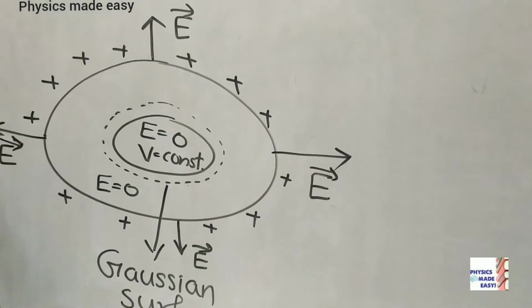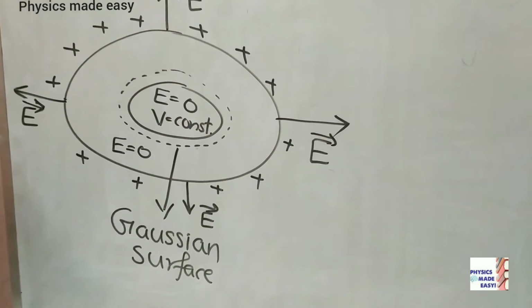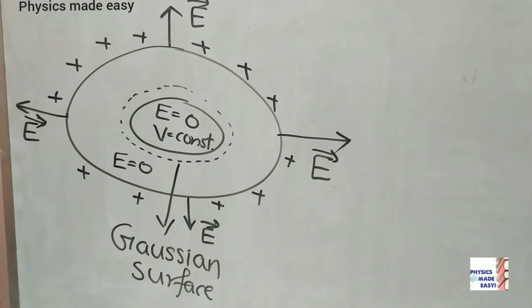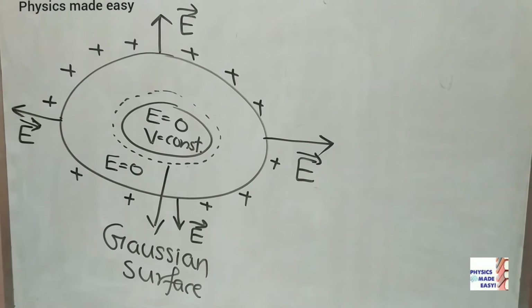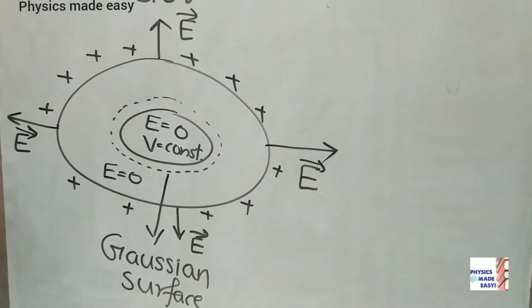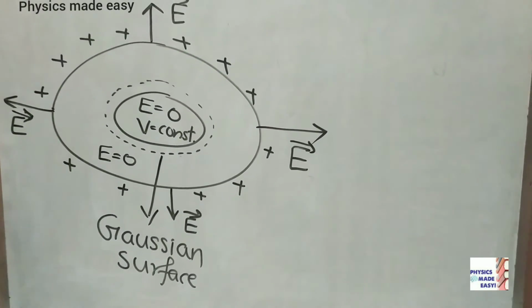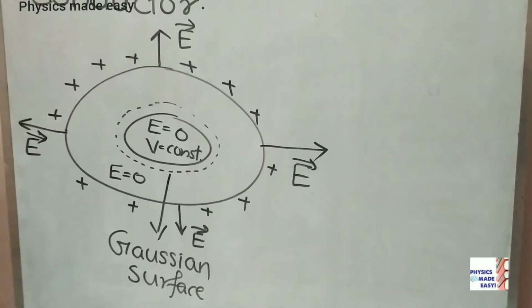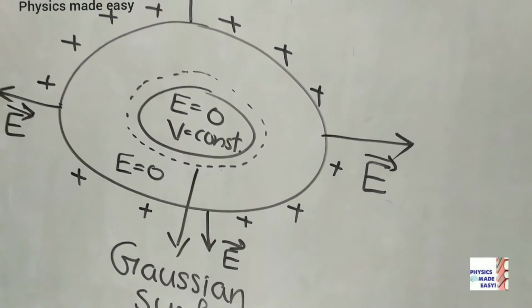Everywhere inside the conductor the electric field is 0 and potential is constant. By Gauss's theorem, the charge enclosed by this Gaussian surface is also 0, which we have proved earlier. Consequently, the electric field must be 0 at every point inside the cavity. So the entire excess charge plus Q lies on its surface.